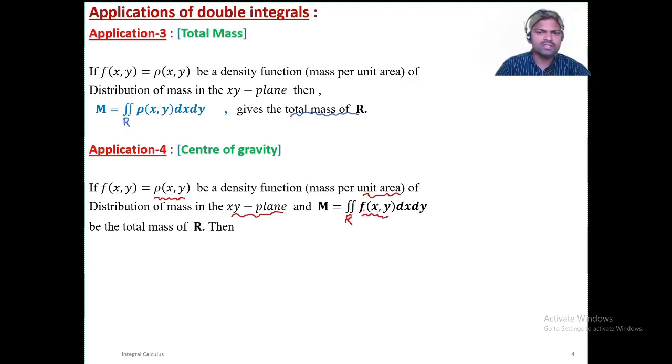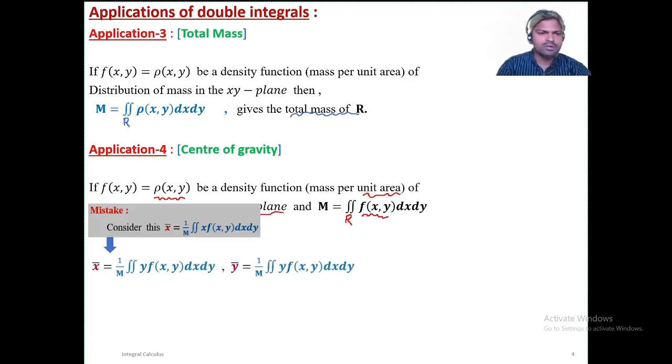If f represents a surface equation, then this gives you the volume beneath the surface. If f is a density function, this gives you the total mass of the object R. So it depends on the nature of f only.